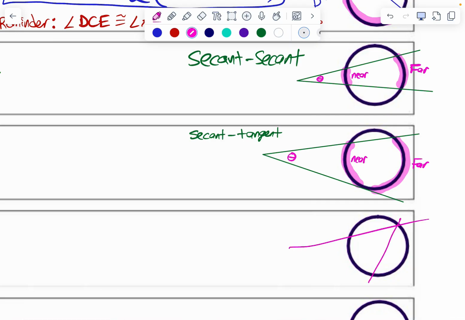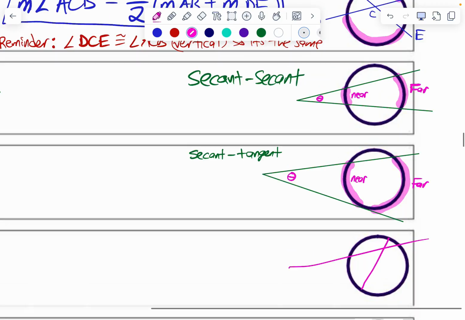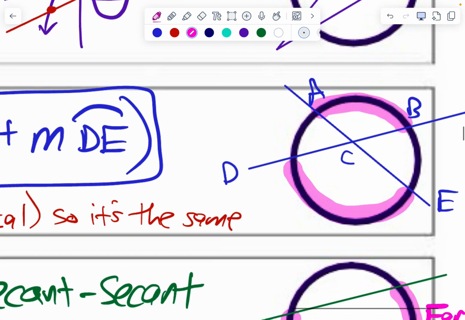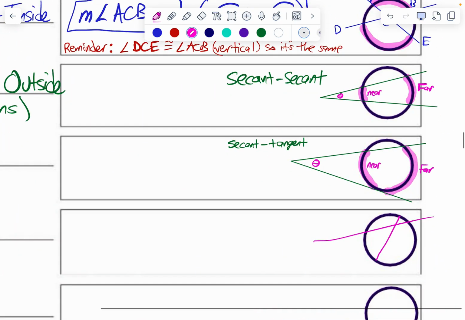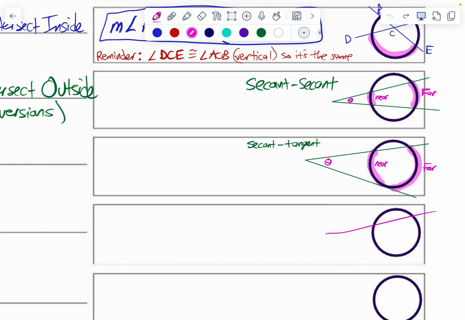Let's see. Secant chord, like that would be kind of like the first one, right? It would be this version. Or like obviously they have to intersect to make angles. Good thought, but that would be the same as that first version. So this one's going to be secant, or excuse me, tangent.